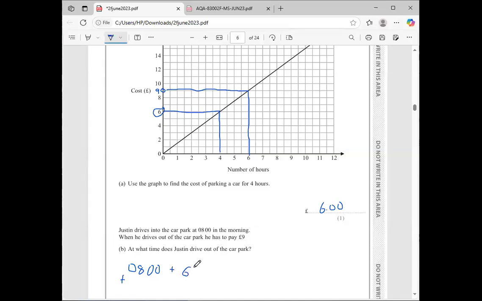Plus 6 hours. 8 plus 6 is 14, and 14 is 2 p.m., isn't it? Yes. So either you call it 2 p.m. or 14:00 hours, which is the same thing. Okay, I think we're done with this question.